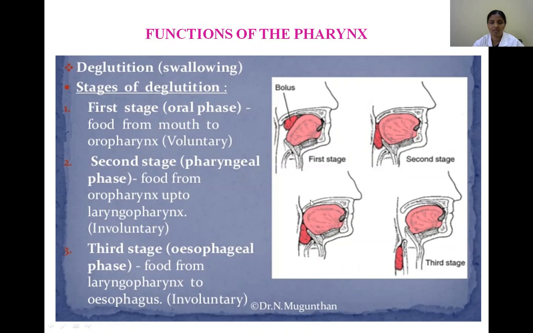The soft palate is elevated by two muscles. First, levator veli palatini contracts to elevate the soft palate, and tensor veli palatini contracts to tense, that is stretch, the soft palate.